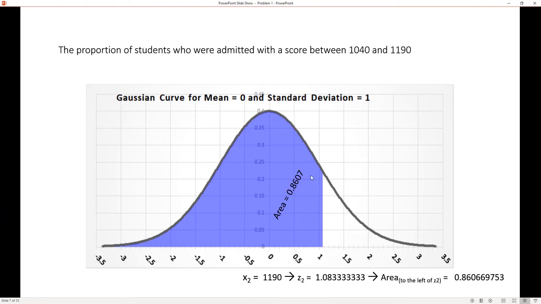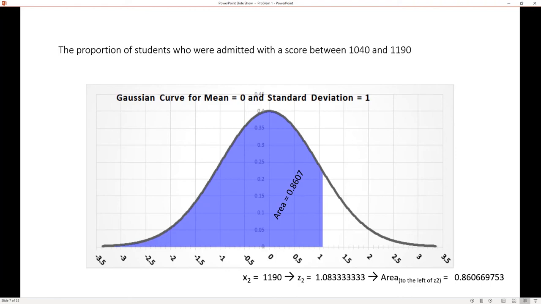And if you take a look at this, that means that about 86% of the data fell to the left of this z value, which, if we went all the way back to the original diagram, would mean that about 86% of the students accepted scored less than a 1190 combined score on their SATs.